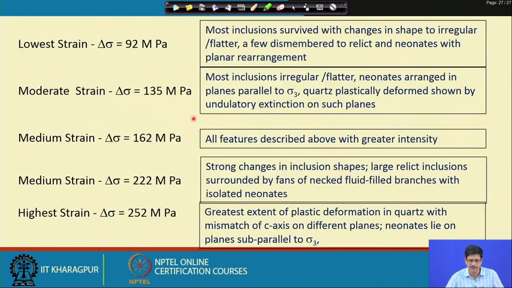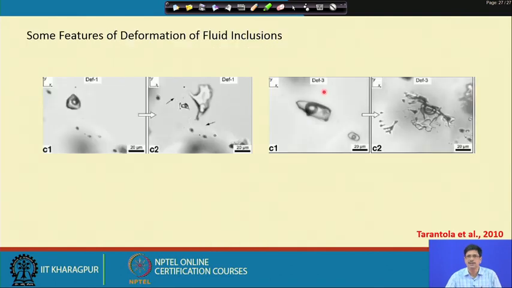For the inclusions which were discussed here, in most of the cases we see that the deformation or the change in the shape is more in the case of larger inclusions than in the smaller inclusions.